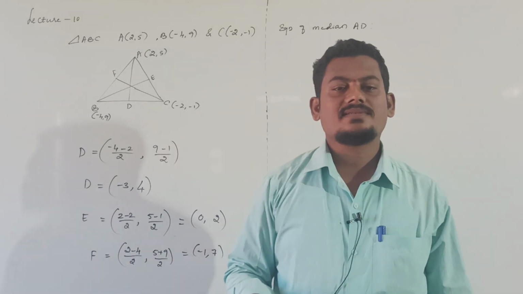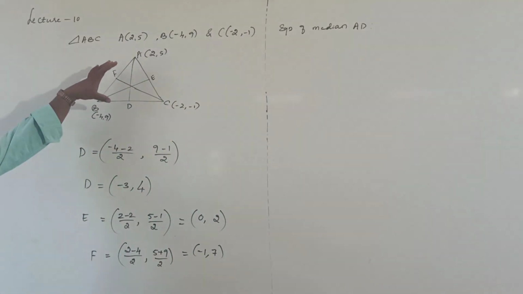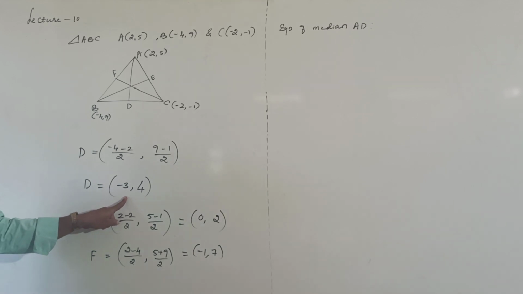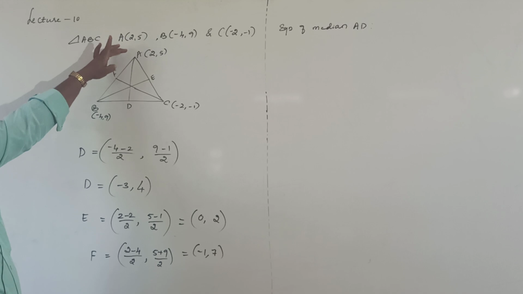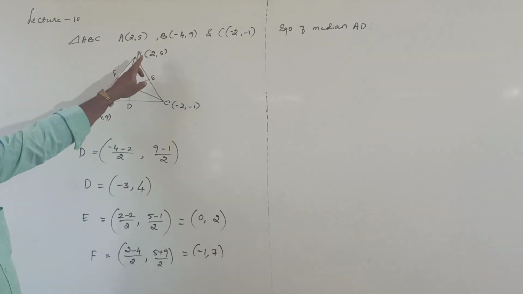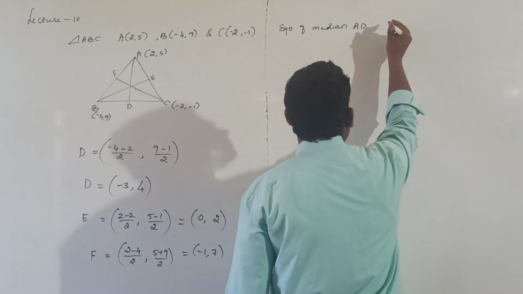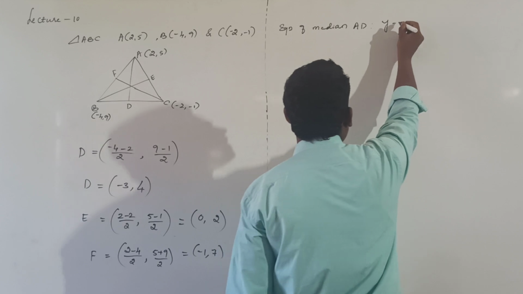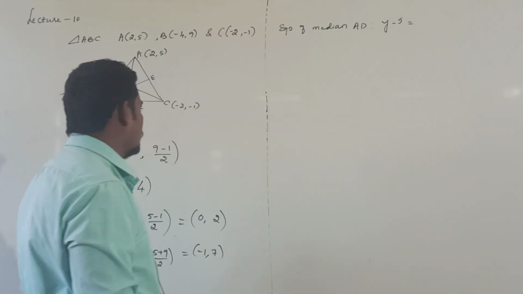Already you have coordinates of A and coordinates of D. Just use the 2-point formula. D coordinates (-3, 4). Equation of AD by using the 2-point formula: A coordinates x1, y1, D coordinates x2, y2. Then y minus y1. What is y1 value here? That is 5. That's equal to y2.